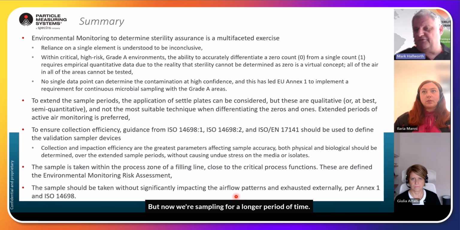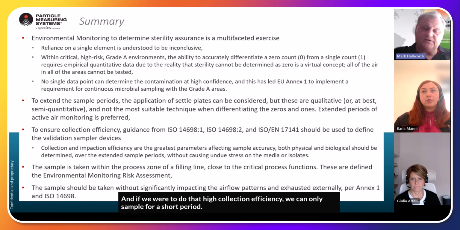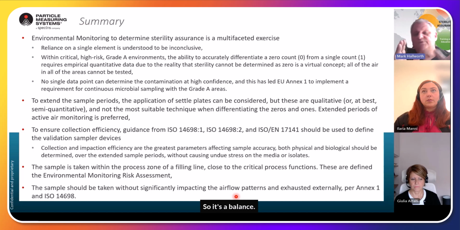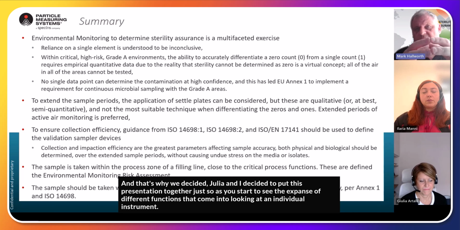But now we're sampling for a longer period of time. And if we were to do that high collection efficiency, we can only sample for a short period. So it's a balance. And that's why Julia and I decided to put this presentation together, just so you can start to see the expanse of different functions that come into looking at an individual instrument.